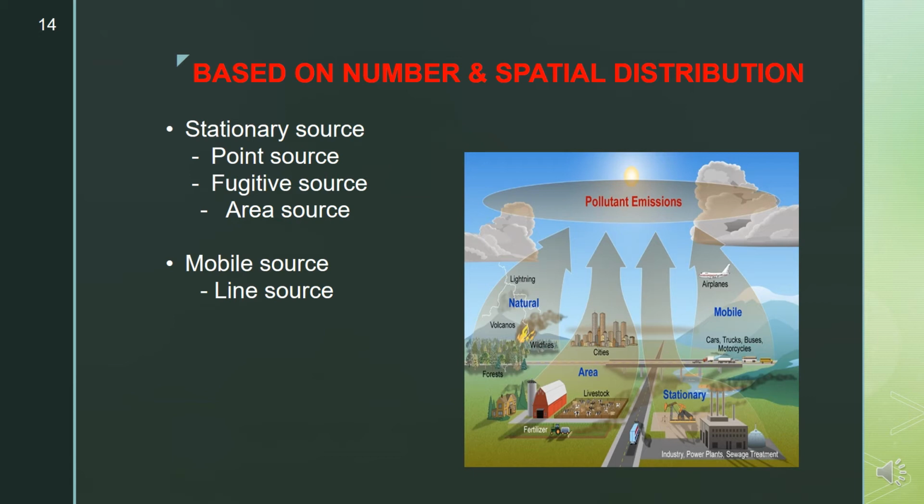Mobile source means it will be a line source. That means it will emit the pollutions through air. Exhaust will be coming out from the vehicles. Pollutions may occur.